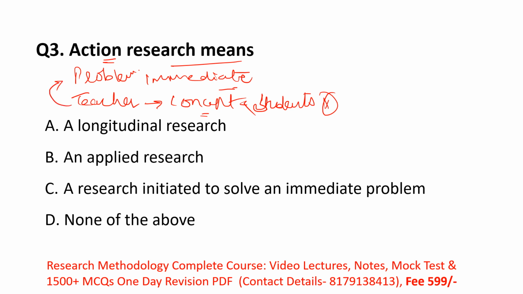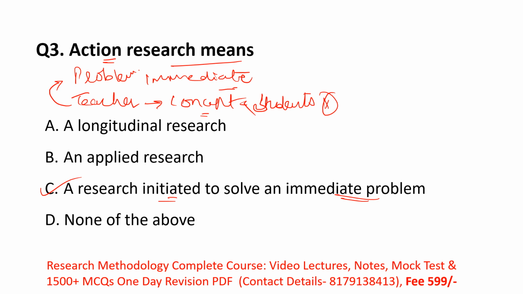Remember, action research is generally seen in the teaching field. Action research means a research initiated to solve an immediate problem. So here option C is the right answer, and we will see the incorrect options as well.